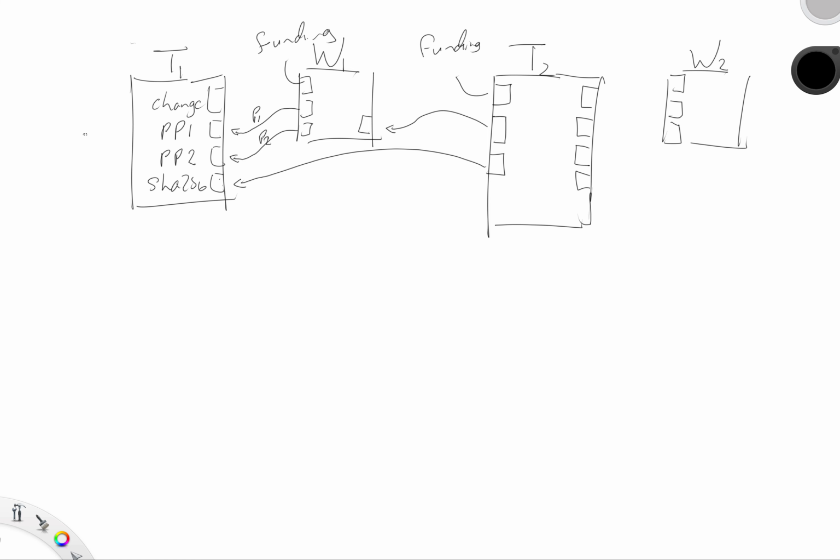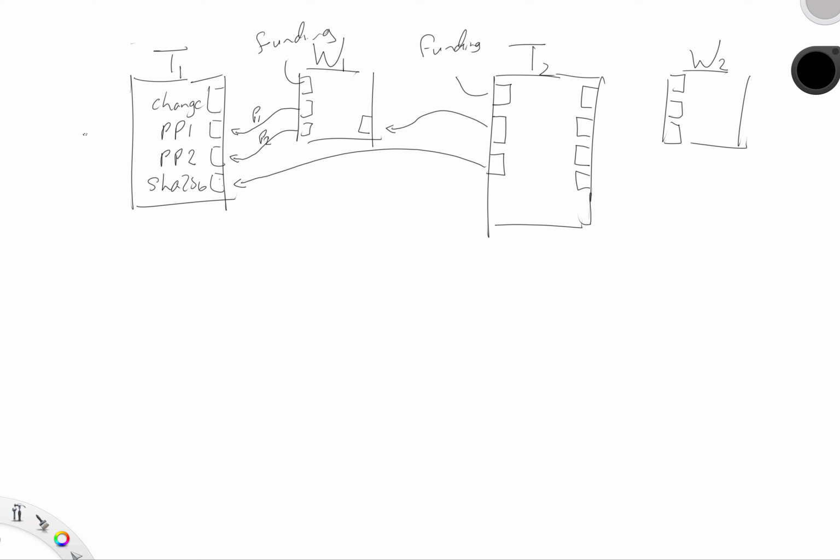Scribble, scribble. Nope, that's not it. Which one is my drawing tool? That's straight lines. Oh dear Lord.